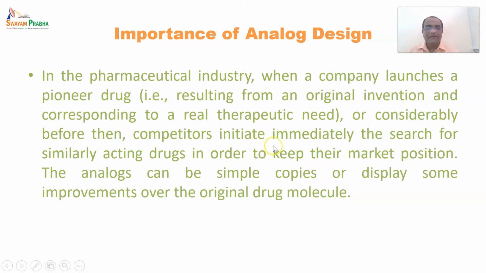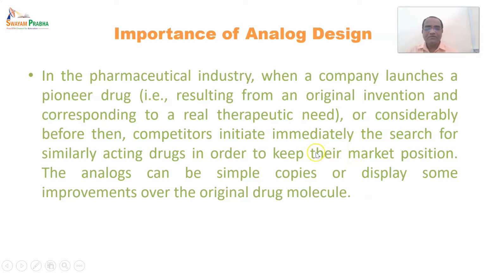So whenever any company comes with any therapeutic drug which has been invented, competitors from other industries prepare a similar analog. Similar analog means that they make little modifications, or they make use of isosteres, which we will see in the lecture.